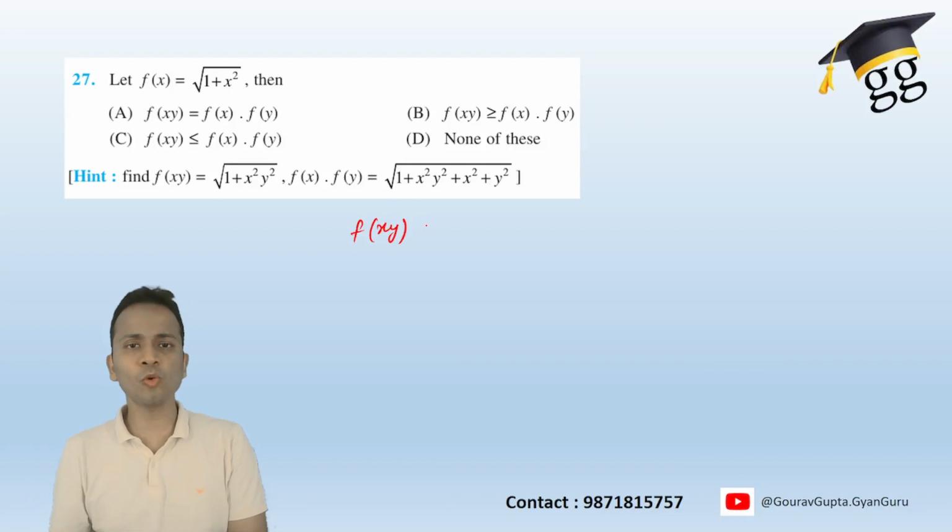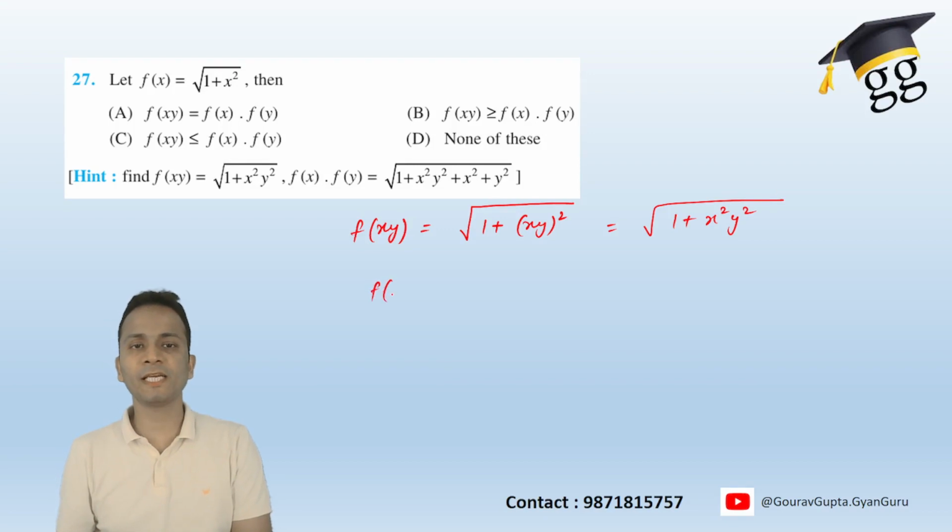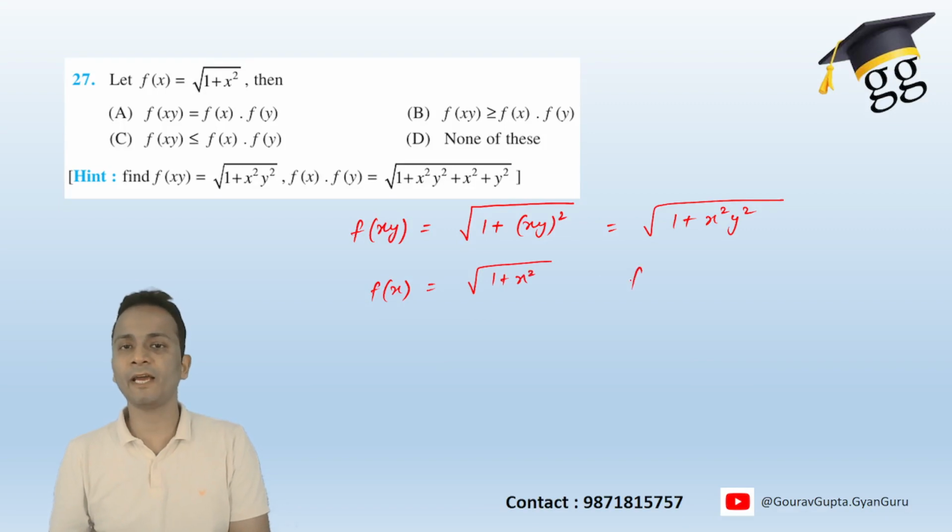So f of xy will be equal to under root of 1 plus (xy) whole square, or you can write it as under root of 1 plus x square y square. Next thing is f of x. f of x is equal to under root of 1 plus x square and f of y is equal to under root of 1 plus y square.